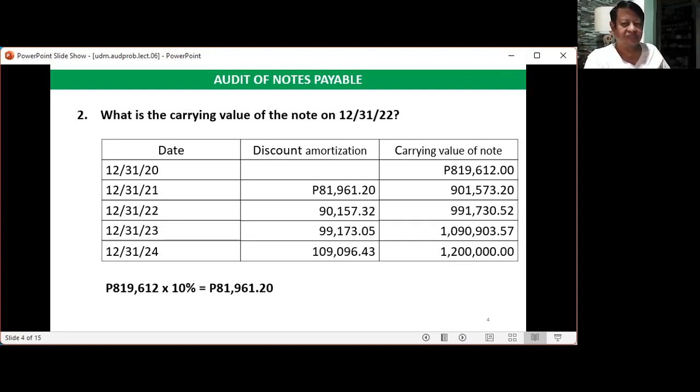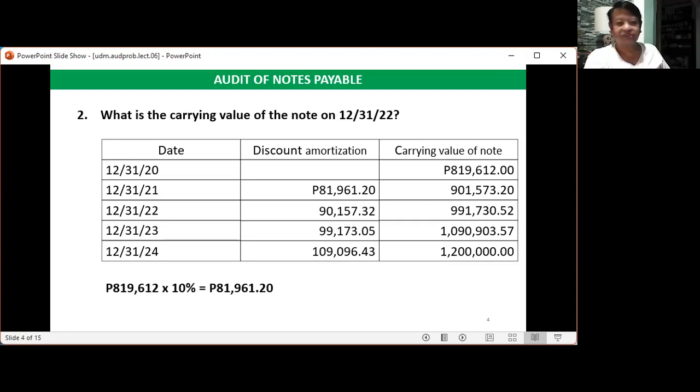So this computation, this table will show to everybody that the amount of 1,200,000 pesos is really the future value of the promissory note that was given in the problem.